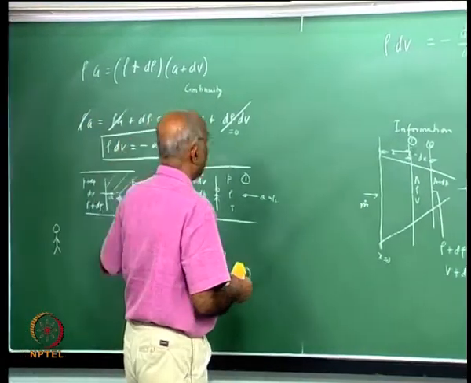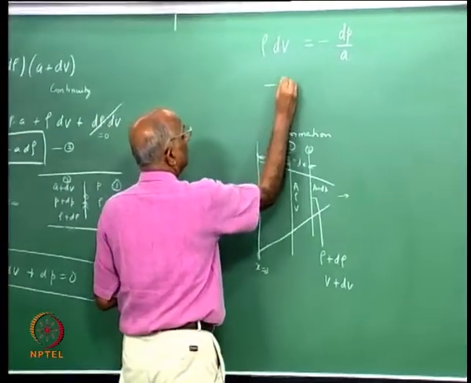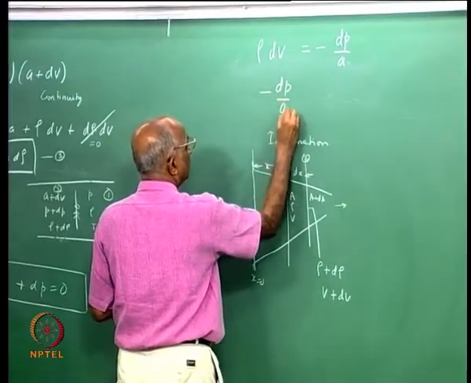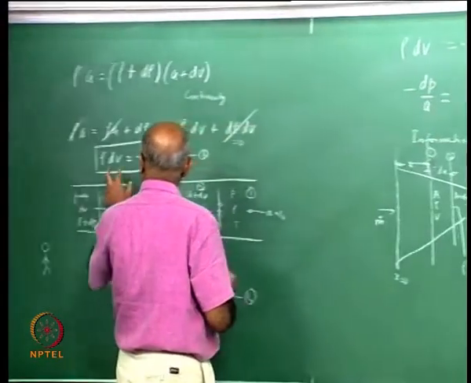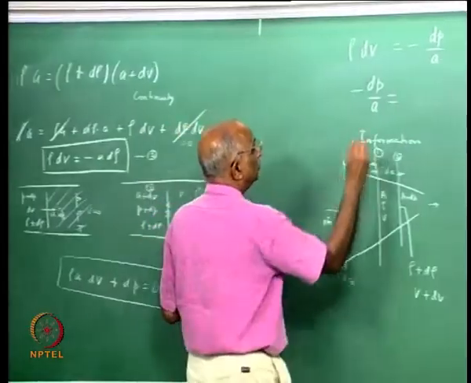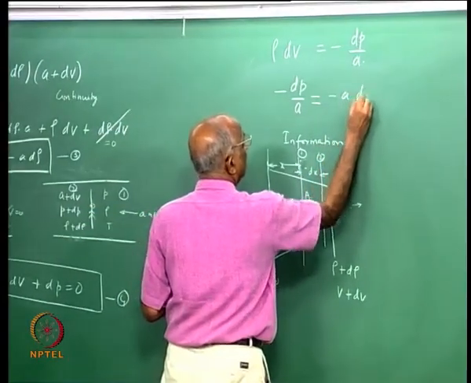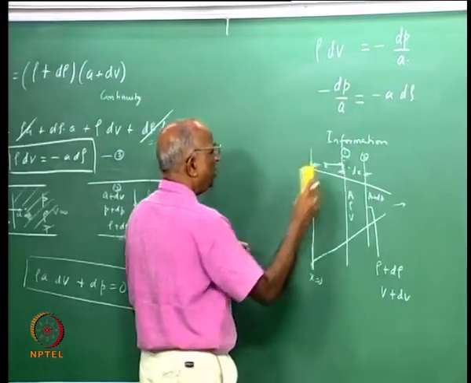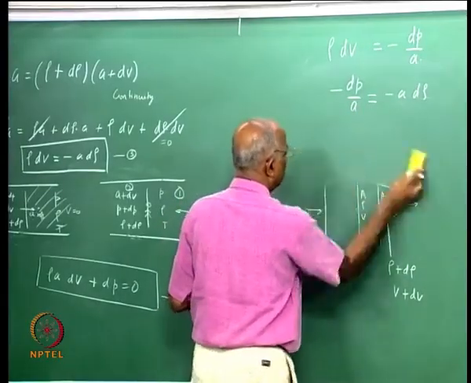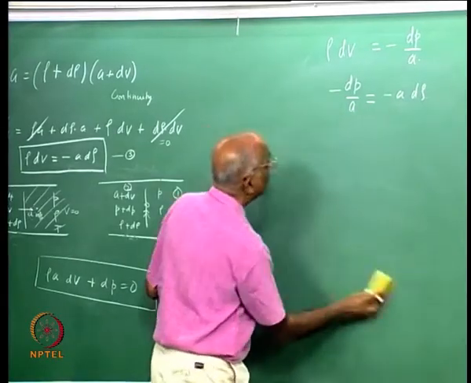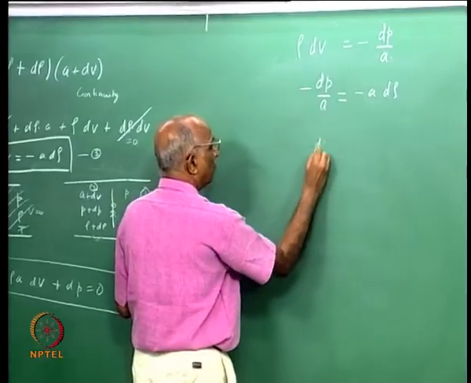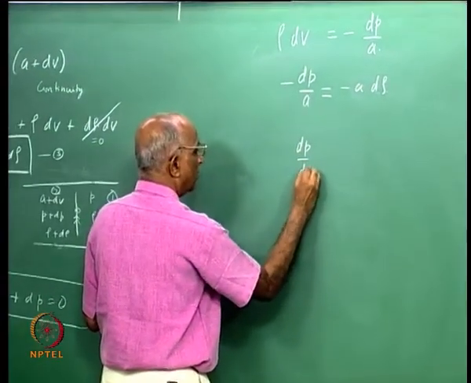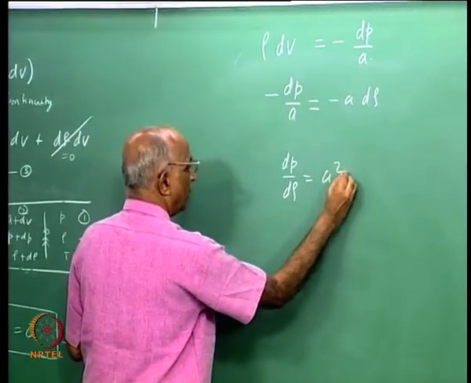Minus dP by A is equal to minus A d rho, and what does it give me? It gives me that dP by d rho is equal to A squared.